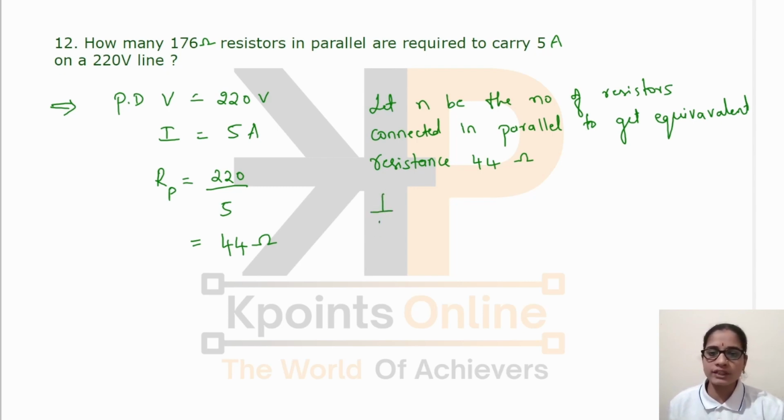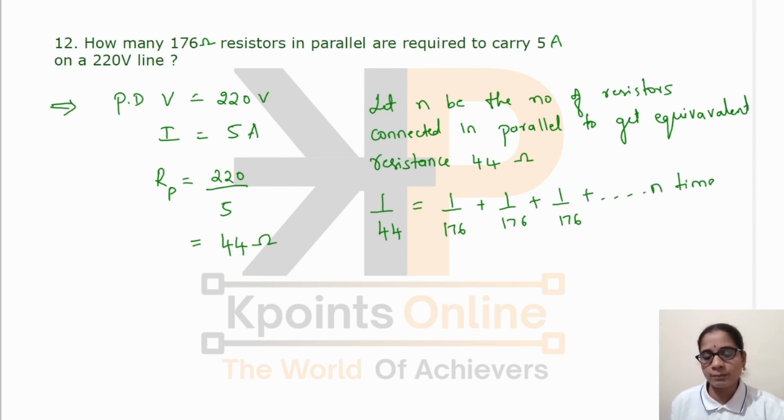The reciprocal of the equivalent resistance is equal to the sum of reciprocals of the individual resistances. Now we know the value of individual resistance, but we don't know the number of resistors. So let's write here 1 upon 176 plus 1 upon 176 plus 1 upon 176, n times, because we don't know the number of resistors connected. That we have to calculate here.